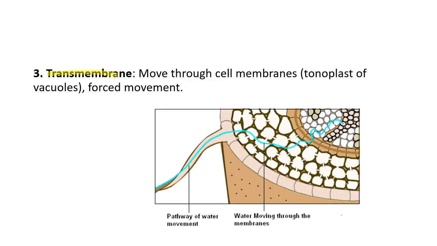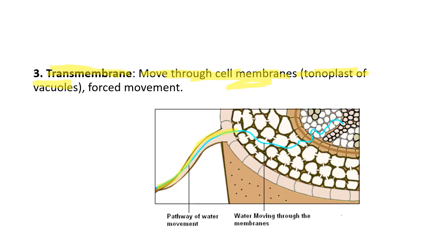The third one is the transmembrane pathway, where the water is moving through the cell membranes. This movement usually occurs through the tonoplast of the vacuoles. As we discussed earlier, if a root system is following the apoplastic pathway, the water movement is restricted only up to the cortical cells and it can't move further due to the presence of Casparian strips in the endodermis.